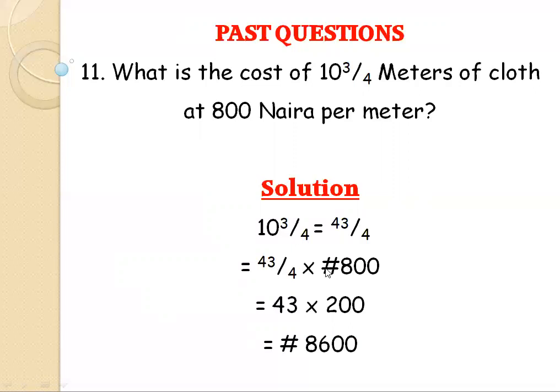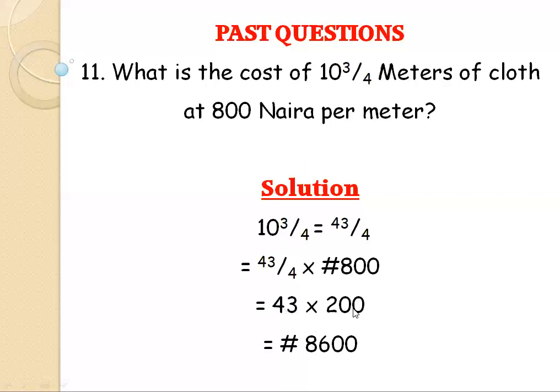Do we understand that? Now, to make it easy, 4 can go into 4 once, and 4 can go into 800, 200. So I'm left with 43 and 200. If we are multiplying numbers with multiples of 0, it's quite easy. I'll multiply my 2 by 43. 2 times 3 is 6. 2 times 4 is 8.